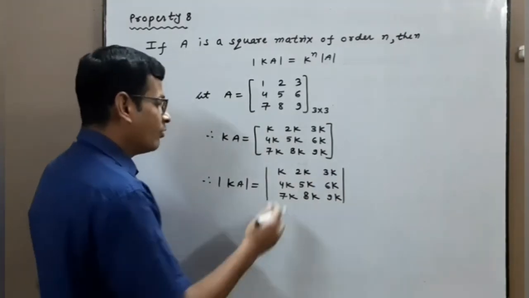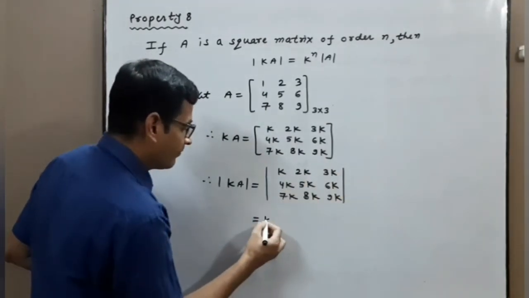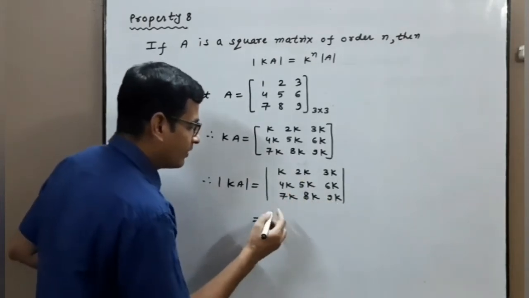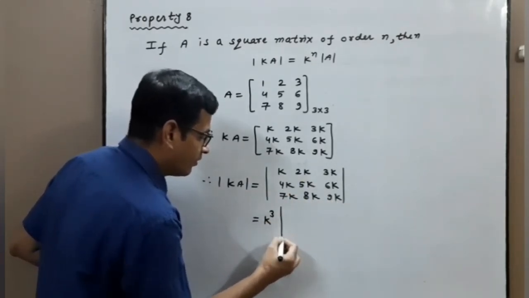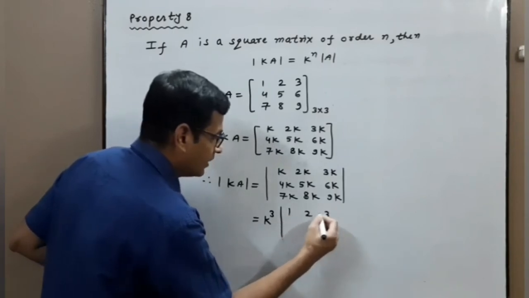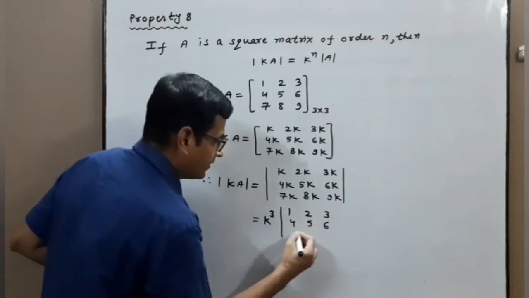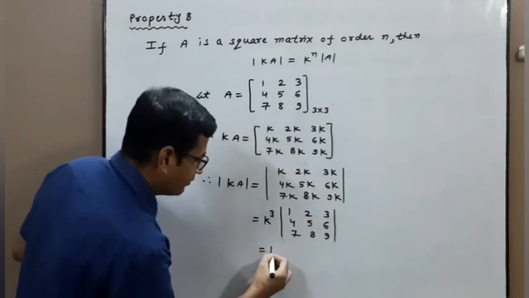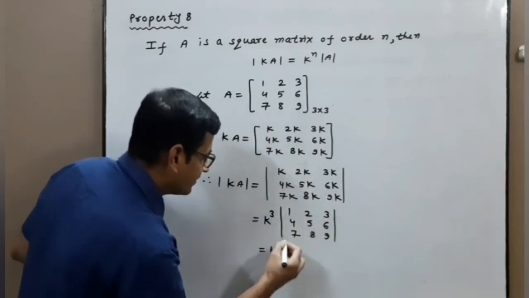Now, taking k common from R1, k from R2 and k from R3, so k into k into k, k cube, and we get 1, 2, 3, 4, 5, 6, 7, 8, 9, which is k cube into this determinant.